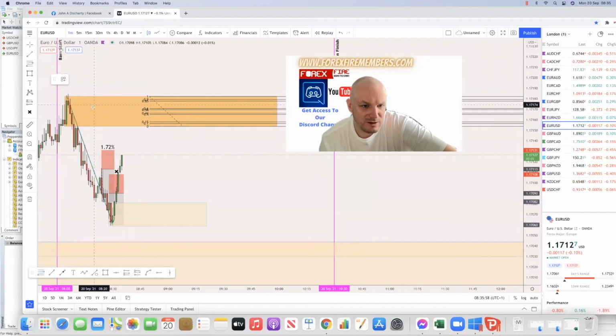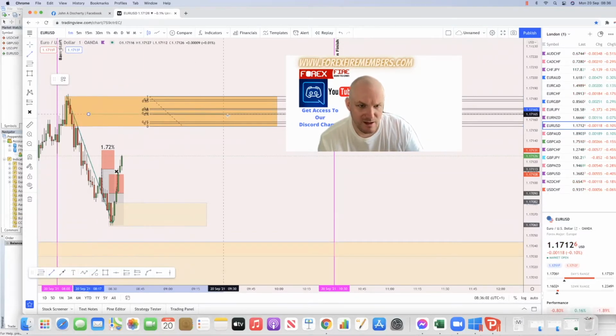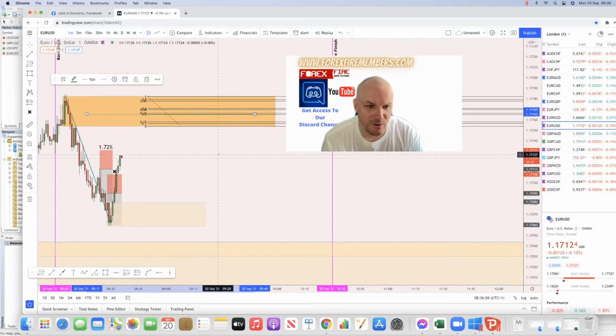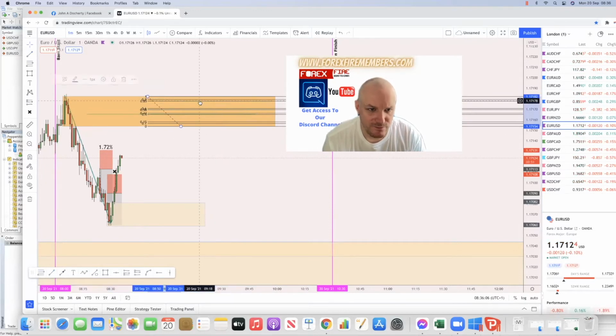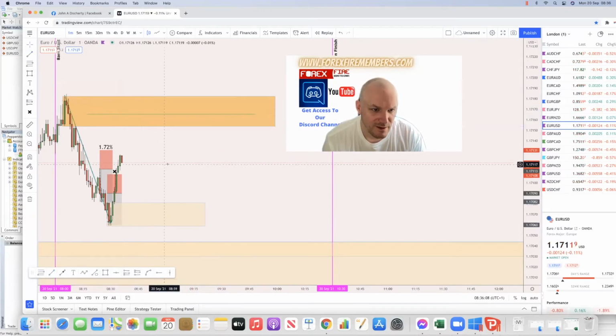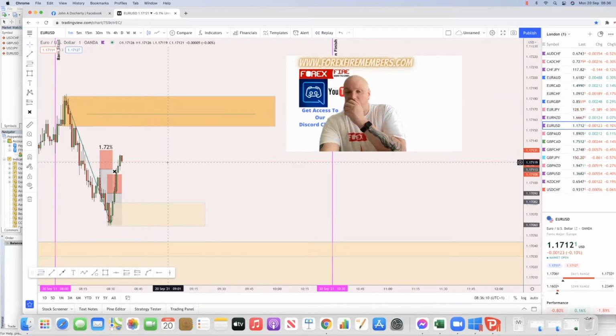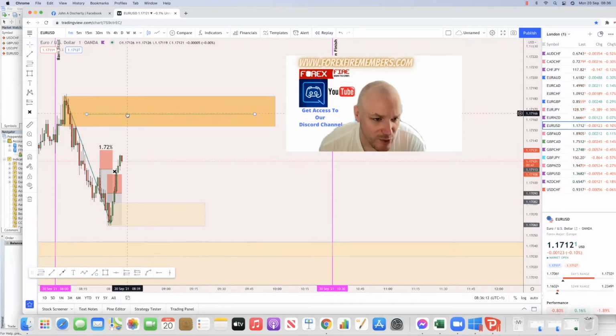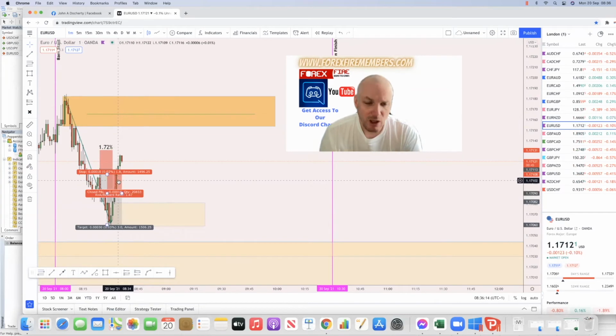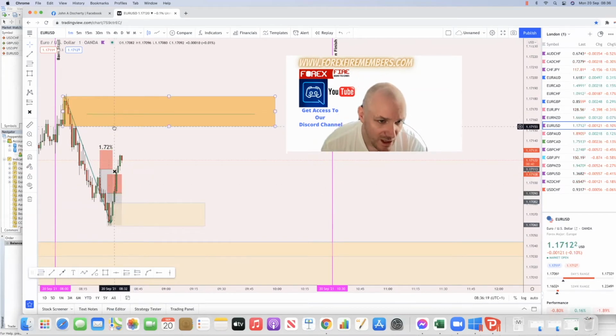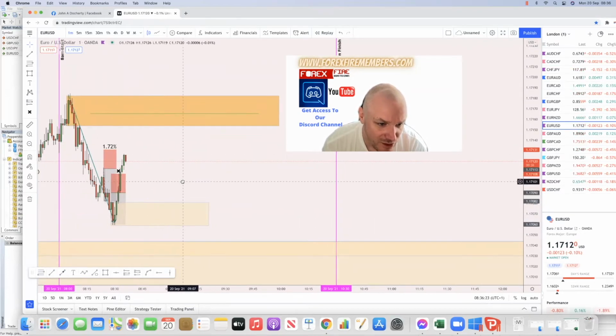I want a 44 level. Just out of interest, because I think if this comes up and touches this as an impulse, I'm going to be expecting a big drive back down into these areas.